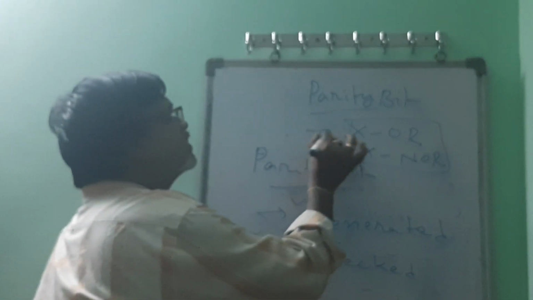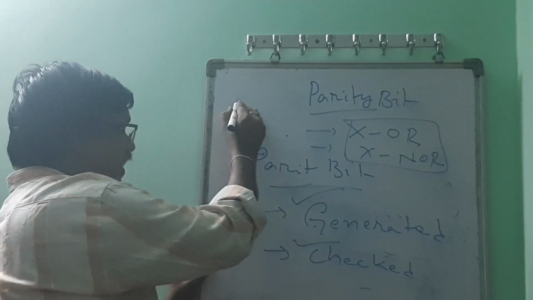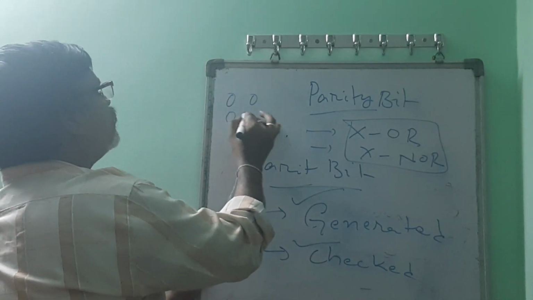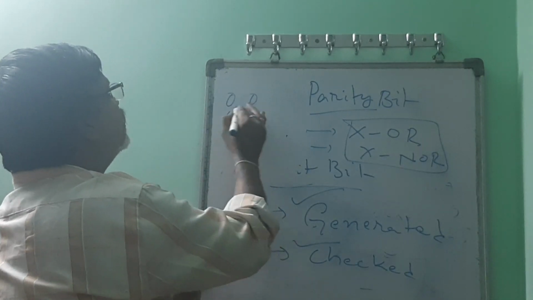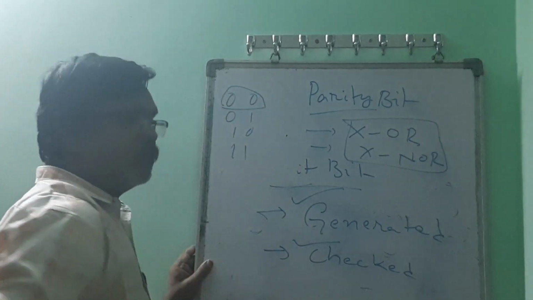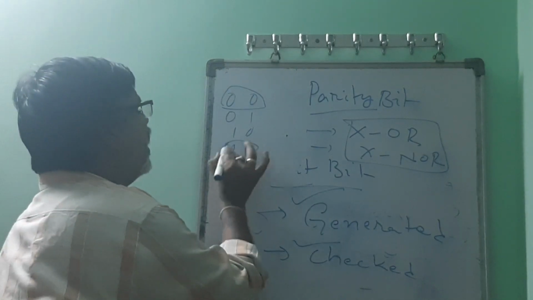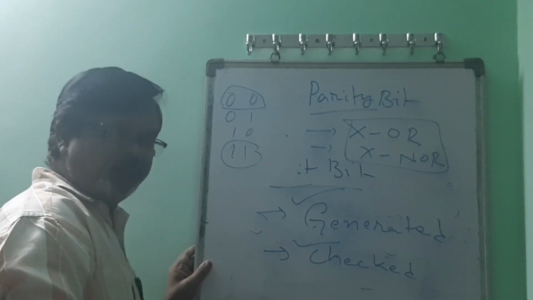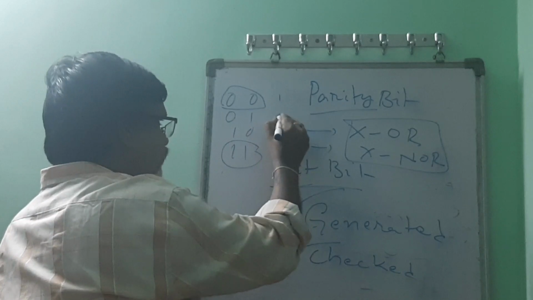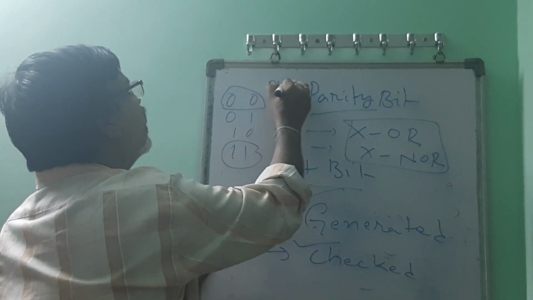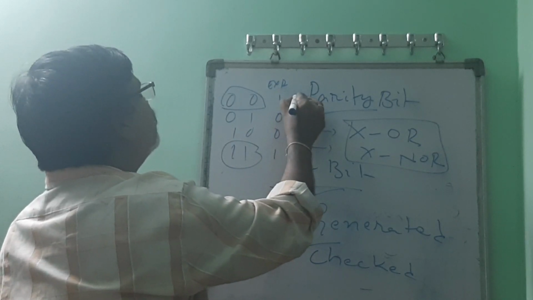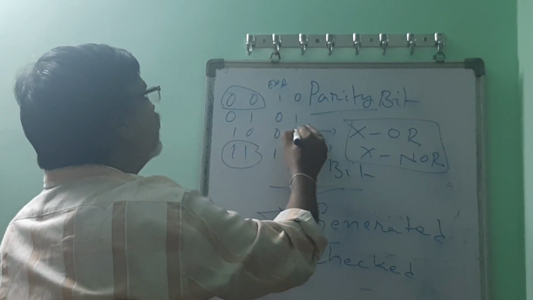Why we use XOR and XNOR gates is, you know very well, I think, the truth table for XOR and XNOR will be like this. If both input values are the same, the result will be 1. So for this, I think it is XNOR, and for XOR this will be 0, 1, 1, 0.